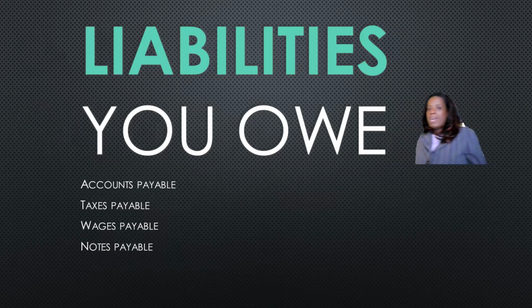Money that will be paid in the near future. Maybe 2% in 10 days, 5% in 20 days, whatever it is. You may get a discount, you may not, depending on how you pay it.